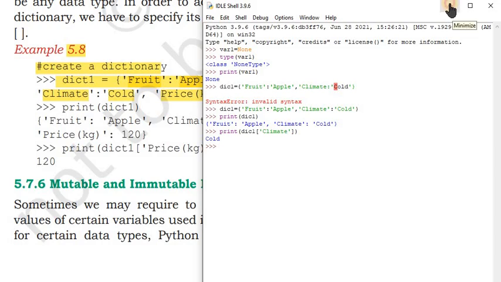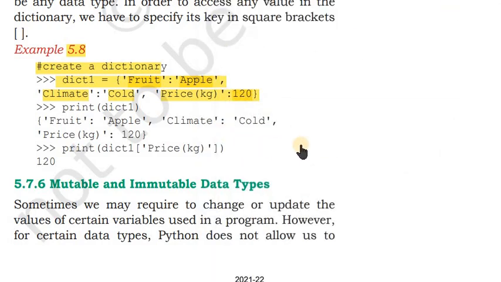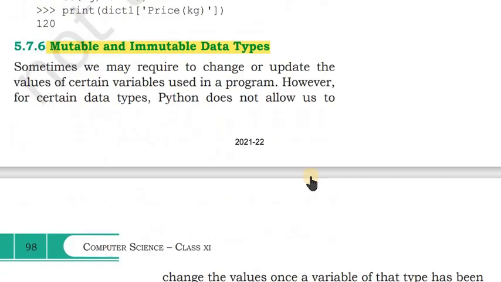Minimize the window. Let's take another topic, and it is mutable and immutable data types. Sometimes we may need to update the values of certain variables used in a program.